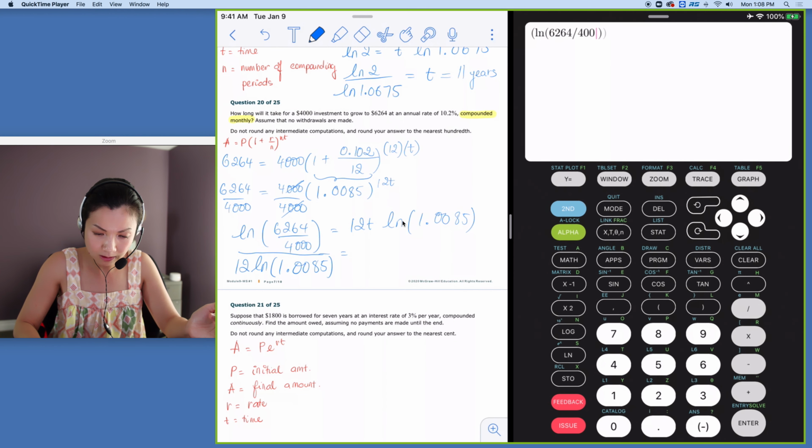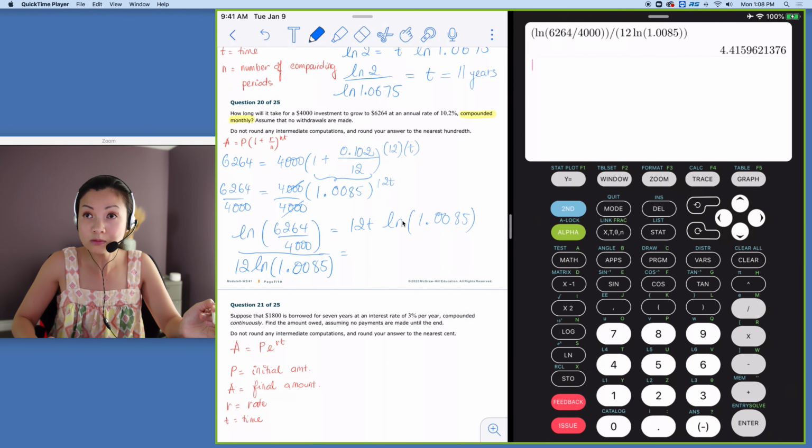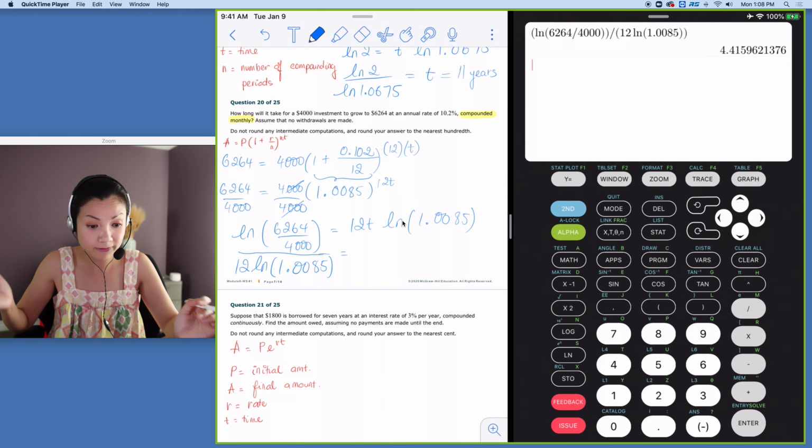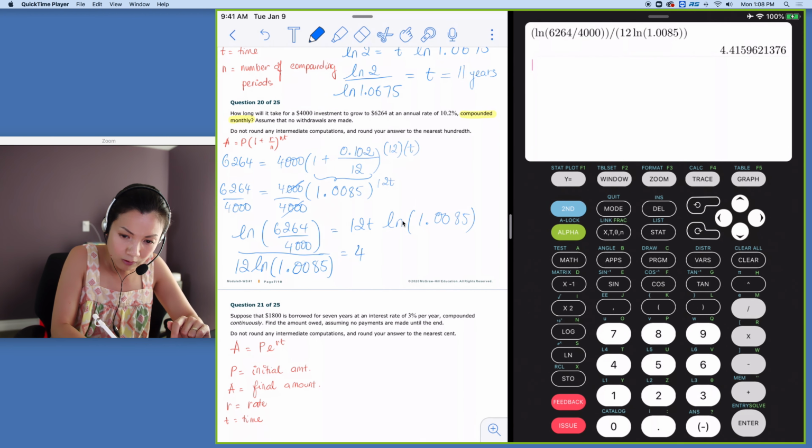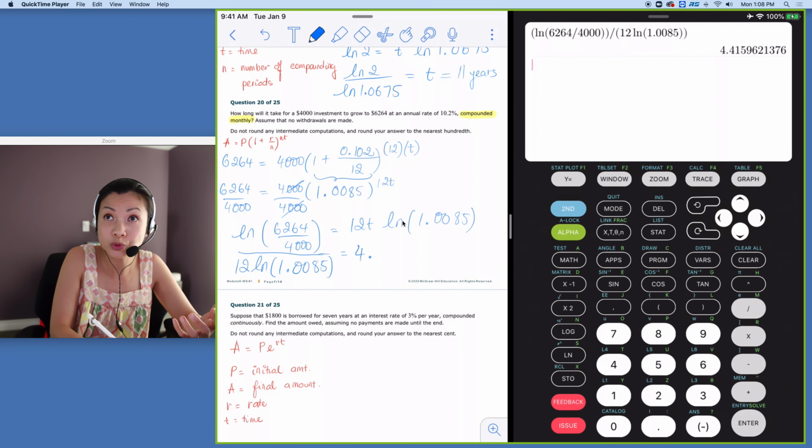I'm going to close that parenthesis. Divide by parenthesis 12. I just want to include all the parentheses there so we don't make any mistake. Then I'm going to close that parenthesis. So what I have is 4.415. So when you round it, it's going to be 4.42 years.